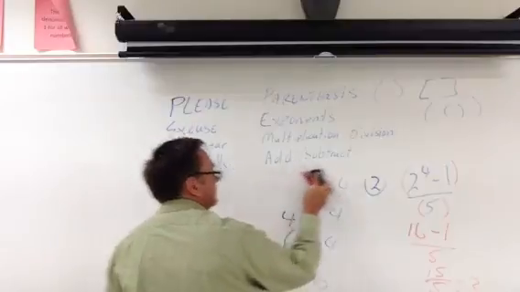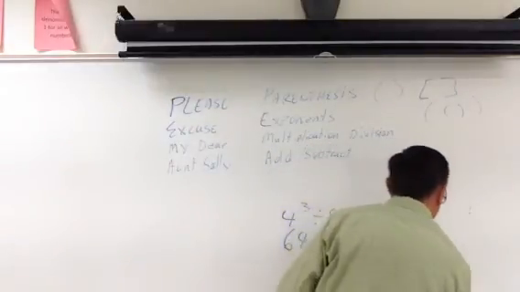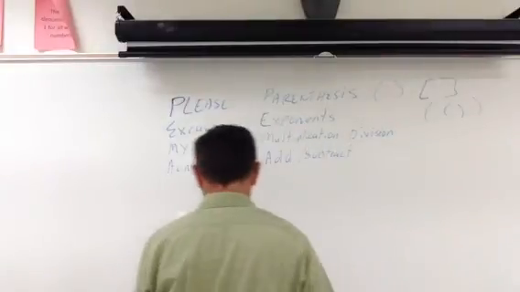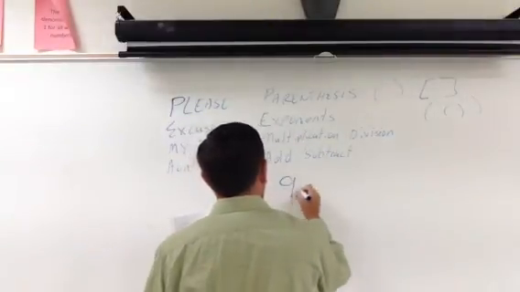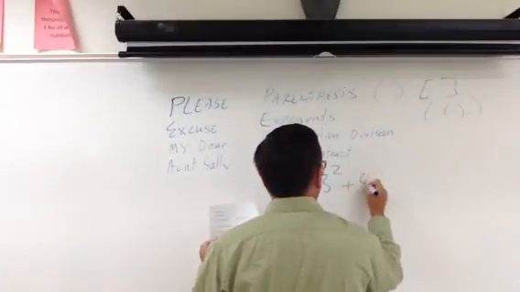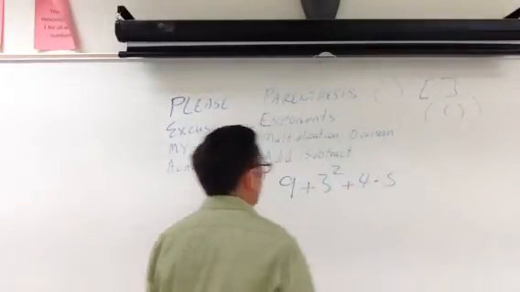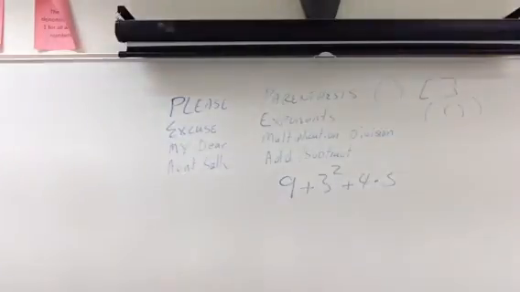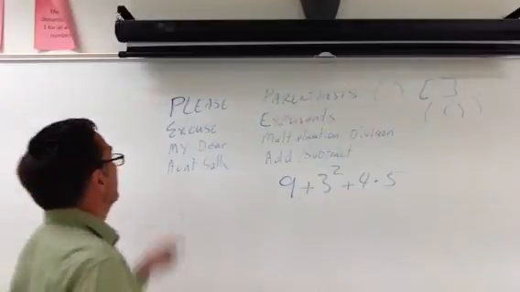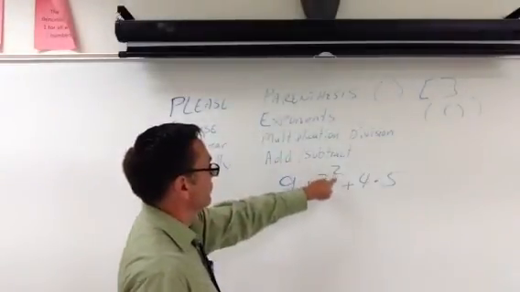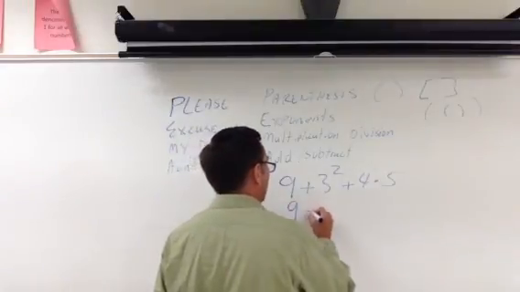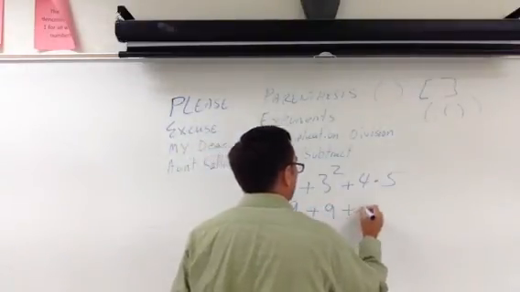Number 3. Plus 3 squared plus 4 times 5. This problem, there are no parentheses, but we do have exponents. So we have to do this one first, 3 squared, or 3 to the 2nd power, which is 9.